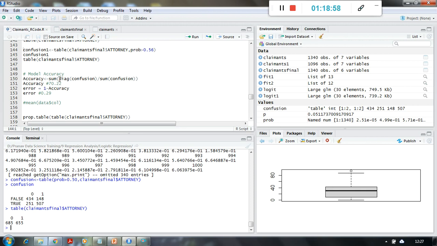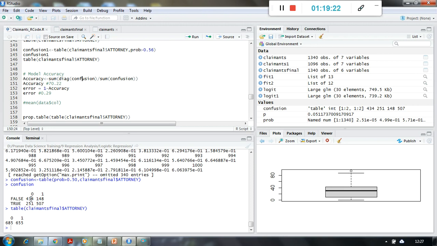Before that I have to plot, and before that let me calculate the accuracy. If I want to calculate the accuracy for this confusion, then the formula is the summation of diag, meaning the diagonal of the confusion.